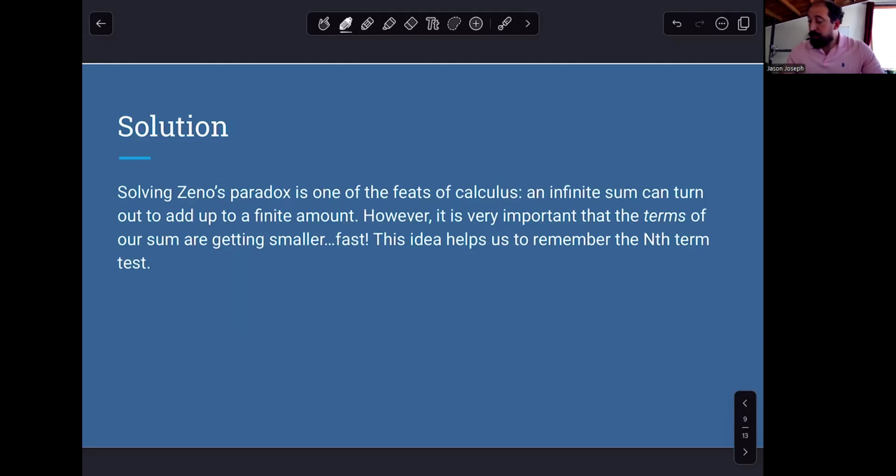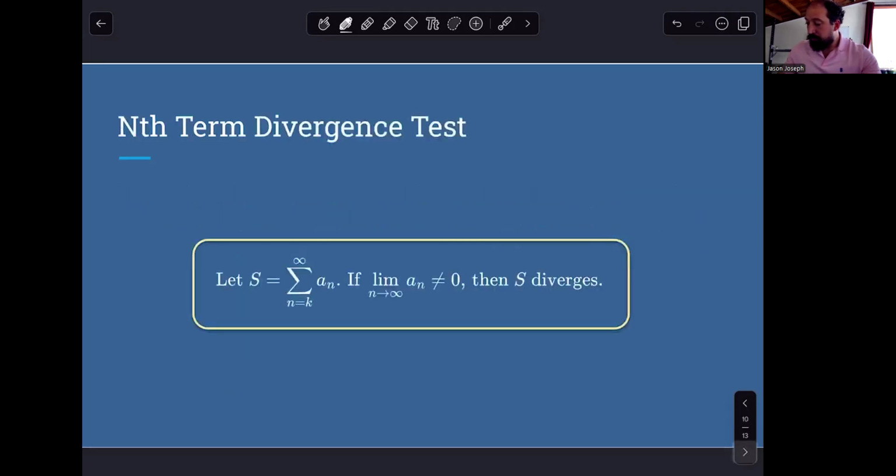As we know, infinite sums can come out to a finite amount, but the terms need to be approaching zero quickly. Not so much the quickly part, but they must be approaching zero is the idea of the nth term test. So it says that if you have some series and the terms are not approaching zero, then it definitely diverges.